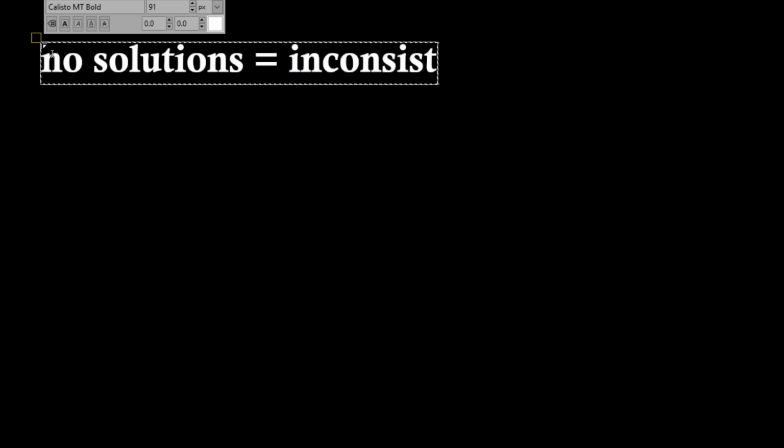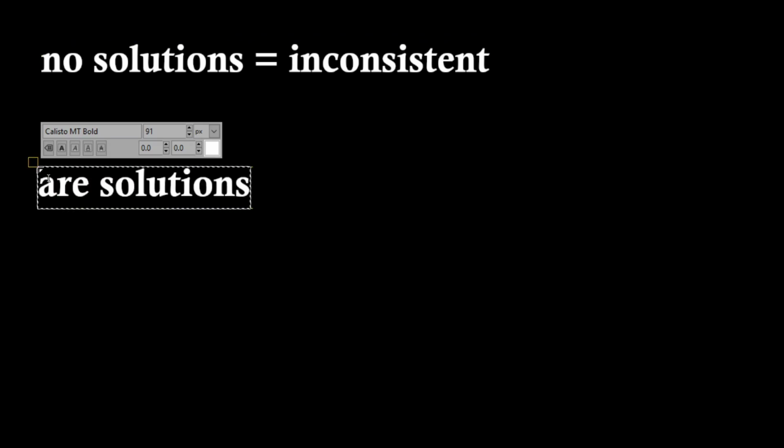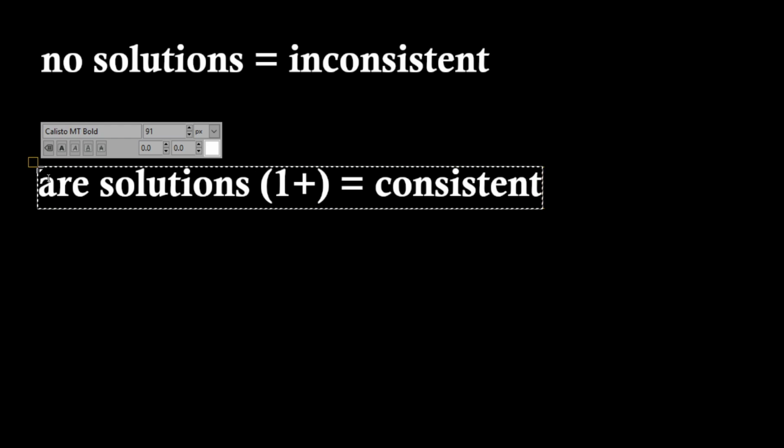So no solutions equals inconsistent. And if there are solutions, that means one or more, I'll put 1 plus there, then it is consistent. So we have some different systems there.